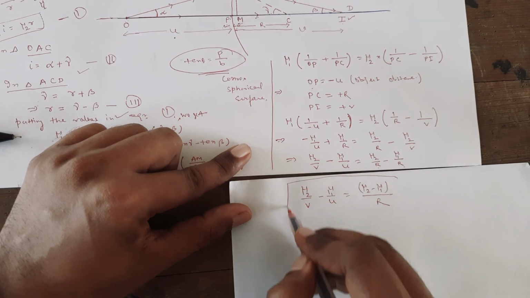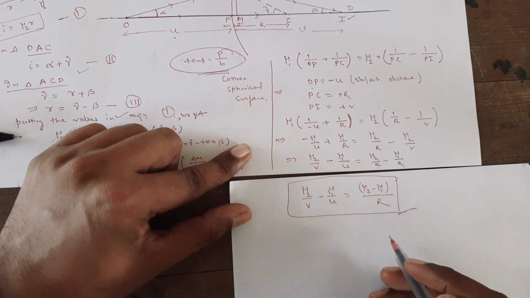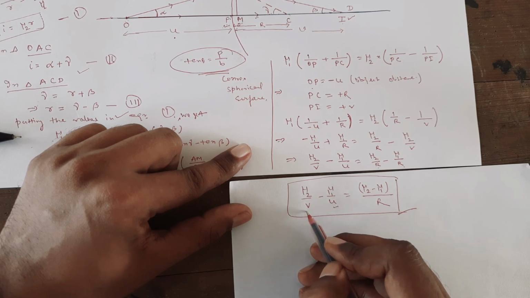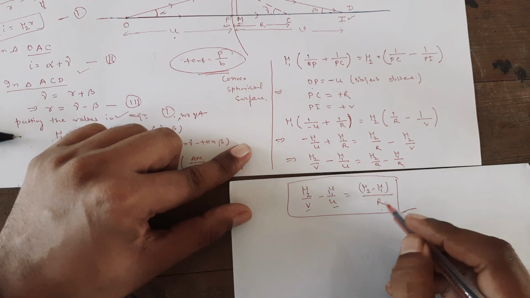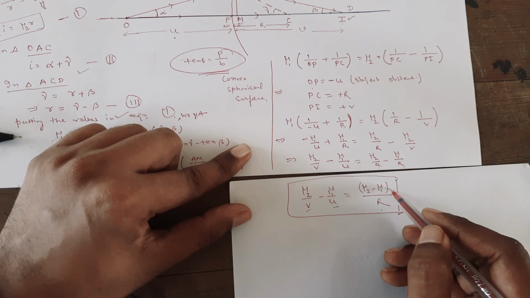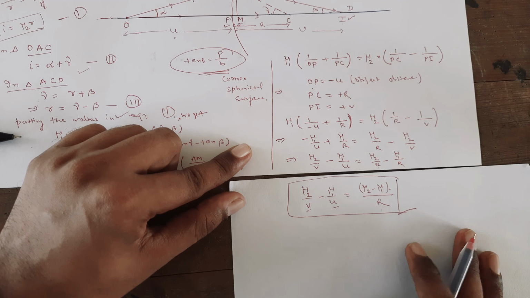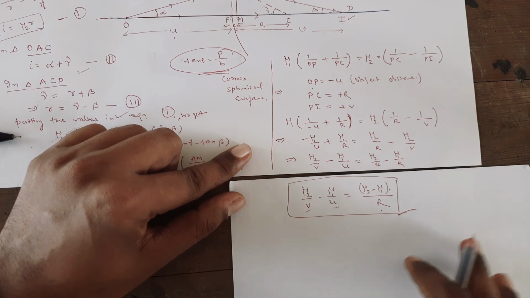So this is the relation between the object distance u, image distance v, the radius of curvature, and also the refractive index of the two media. This is the relation for the convex spherical surface.